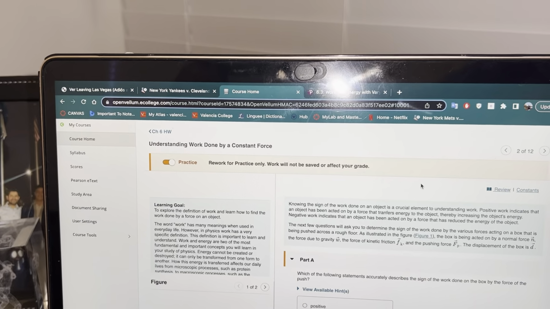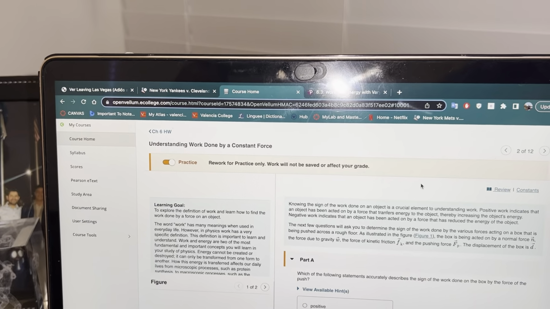And the box moves from the left to the right. Okay, so they're asking if the work of the force of push is positive, negative, or zero.